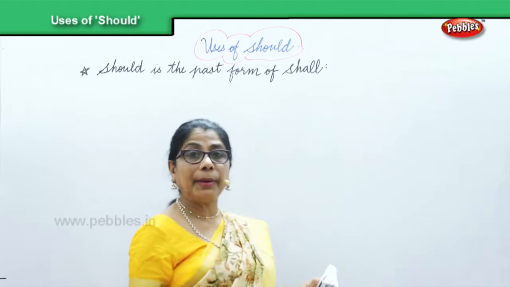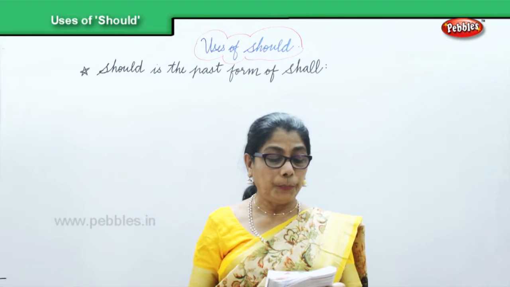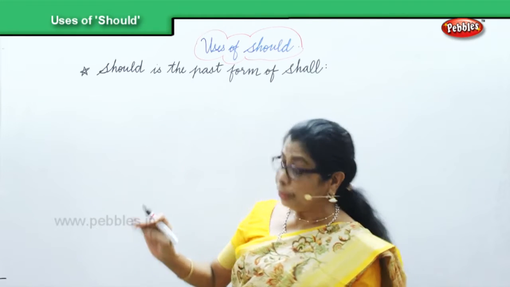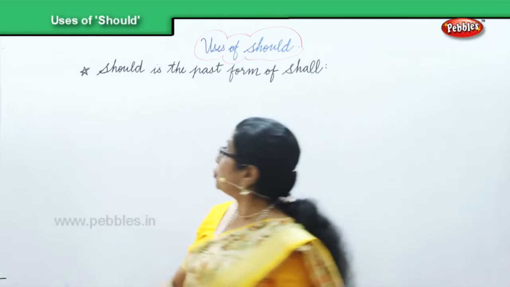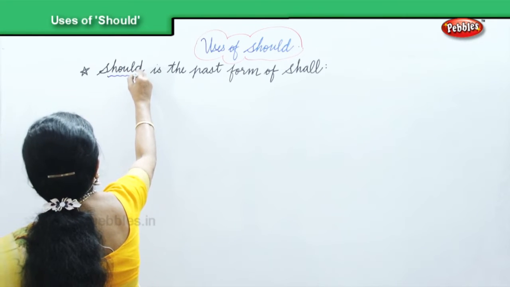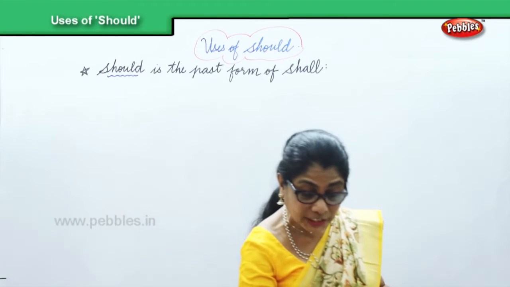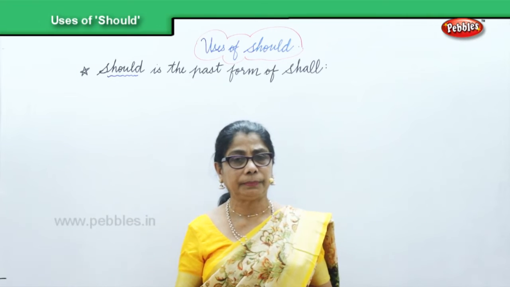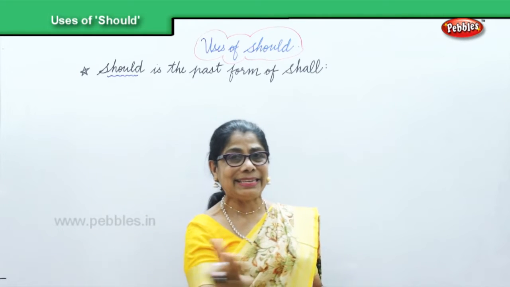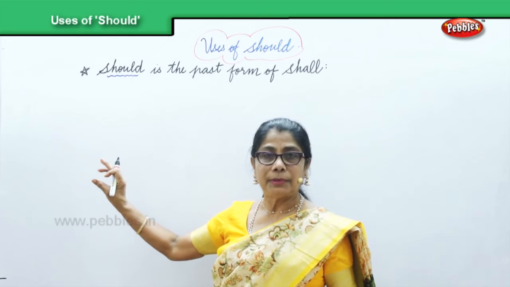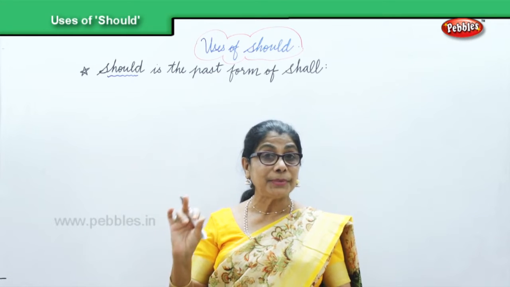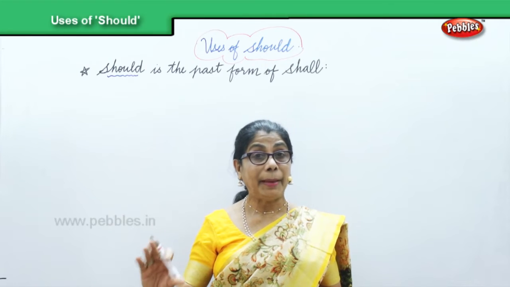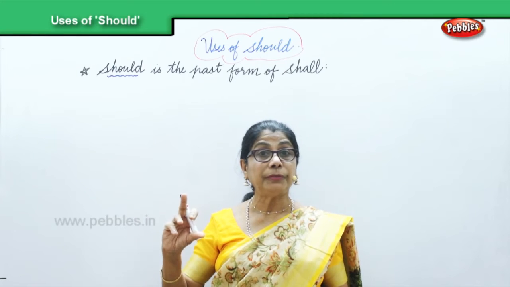Now, we use the word should to express duty or obligation. So where do we use should in the sentence? Should is used sometimes to express duty or obligation. Remember, should is the past form of shall.